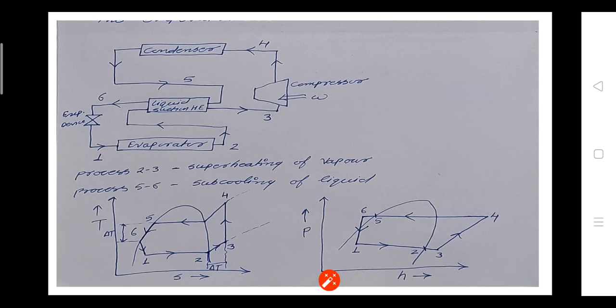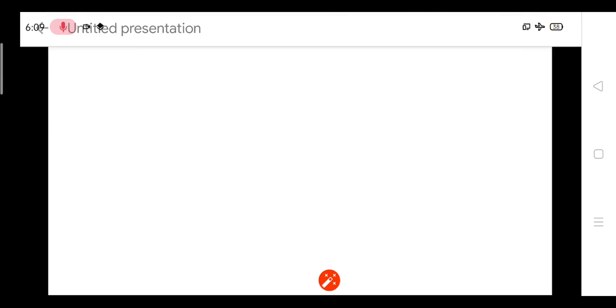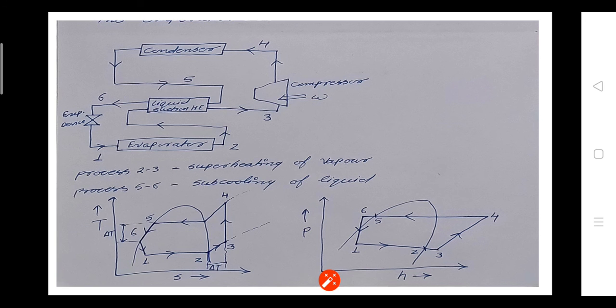If you see this diagram here, the process 1 to 2 is the evaporator, and this cold vapor from the evaporator goes into this liquid suction heat exchanger, that is process 2 to 3, then 3 to 4 is the compressor, then from the condenser, the hot liquid of the condenser comes into the liquid suction heat exchanger.